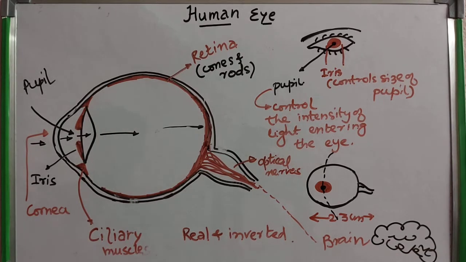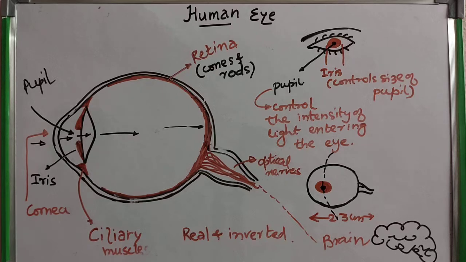The brain will analyze what you are seeing, which color, what is the contrast, everything, and the brain will send signals accordingly to different parts of the body. So our eye, which is a very valuable sense organ, this is the basic structure.